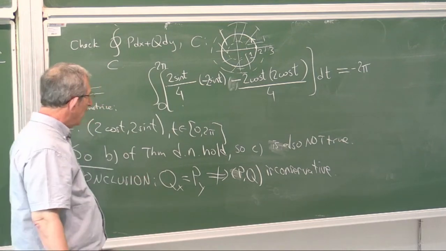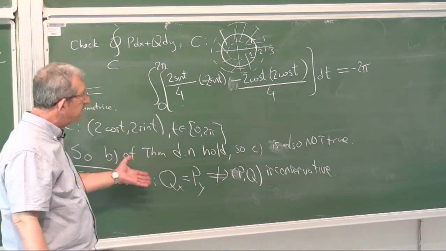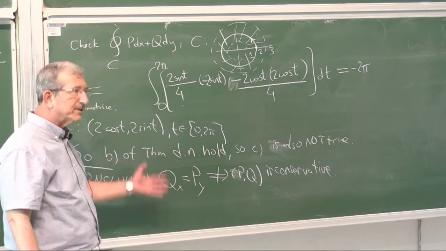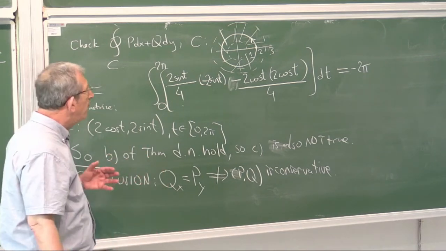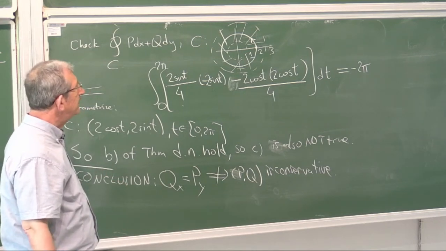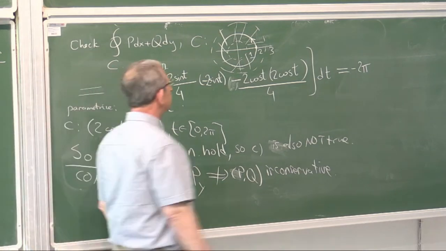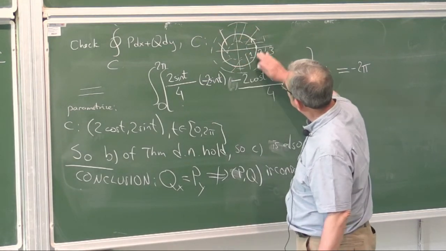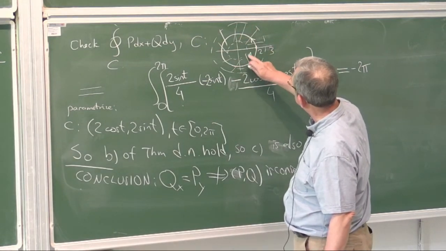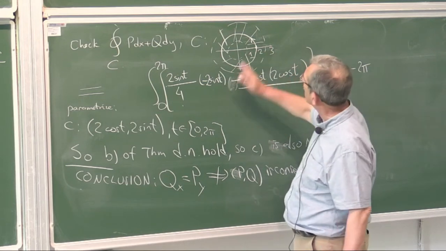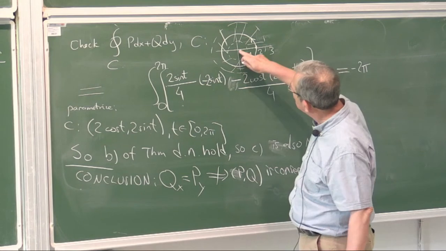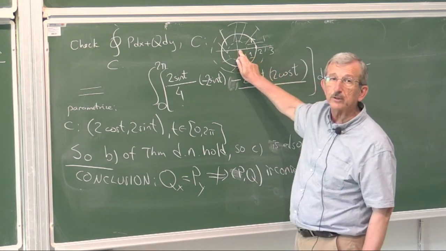Okay. Well, why did this happen? This is contrary to our common sense, of course, but the problem can be seen in the following. On this annulus, between the two circles with radii 1 and 3, the function is nice. It has partial derivatives because 0, 0 is not included.